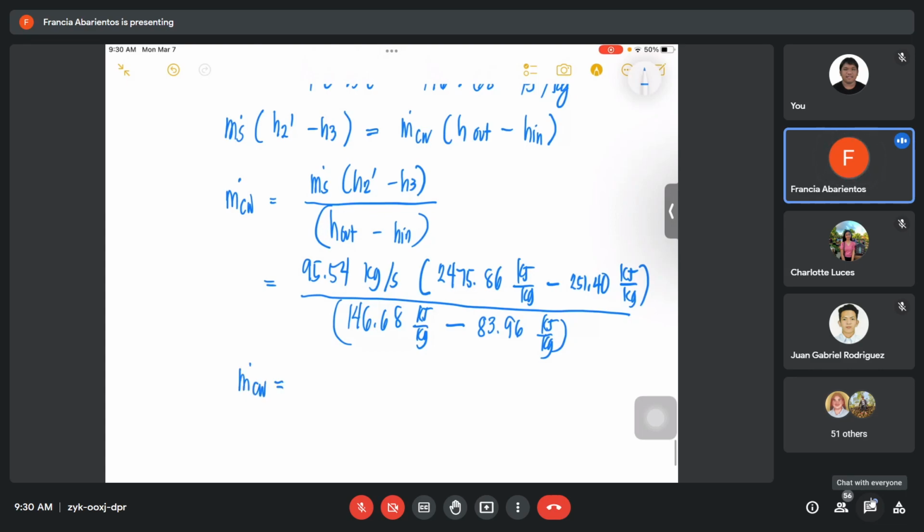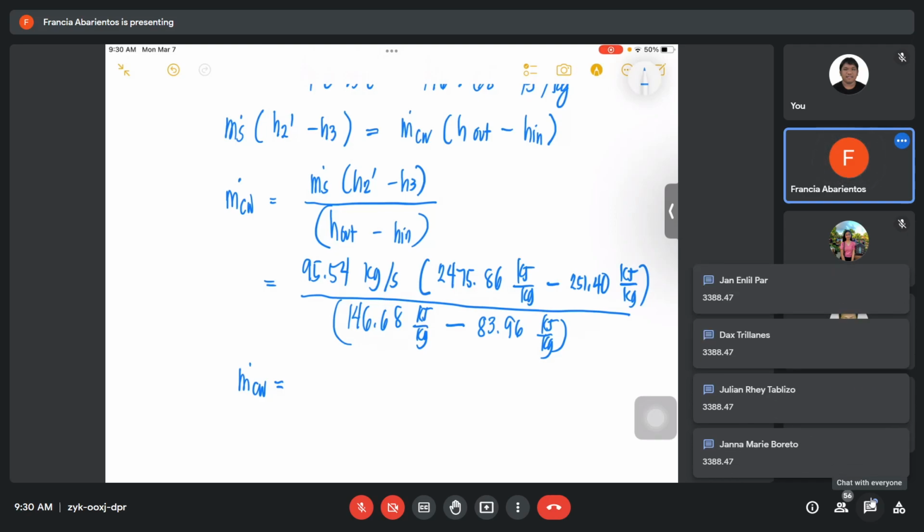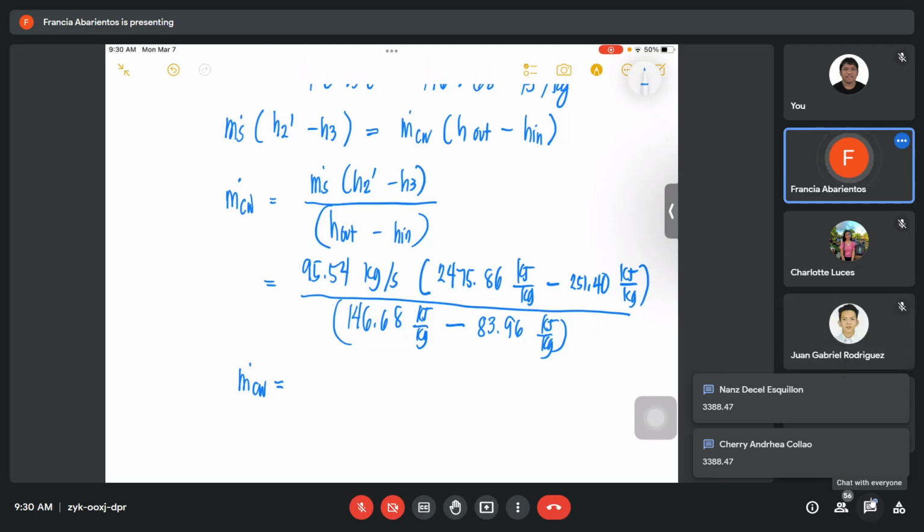What is the mass of the cooling water? 2475.86 minus 251.4, divided by 146.68 minus 83.96.